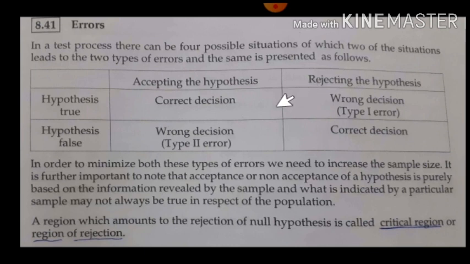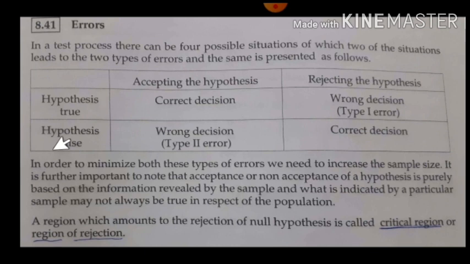Which is the hypothesis I have taken? The person has committed a crime. If the judgment is that he has done the crime, it is the right decision. But if the judgment is that he has not done the crime, but actually he has done the crime, he is a criminal, then it is type 1 error.